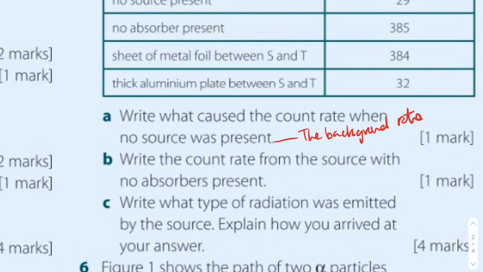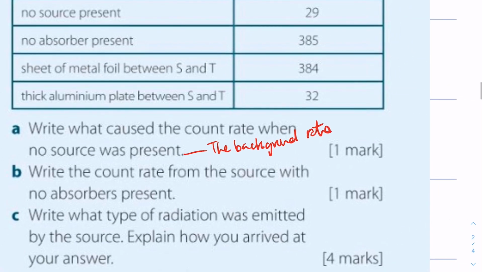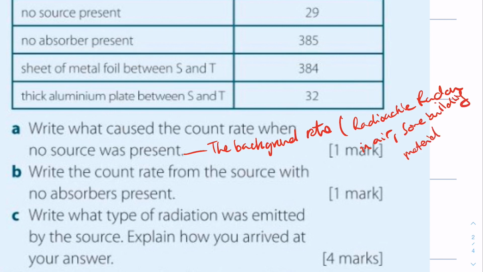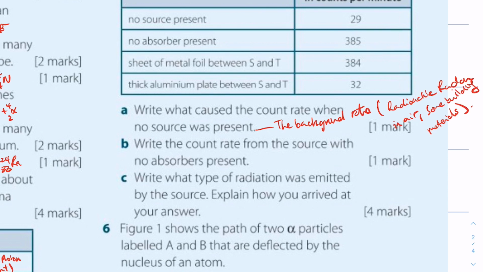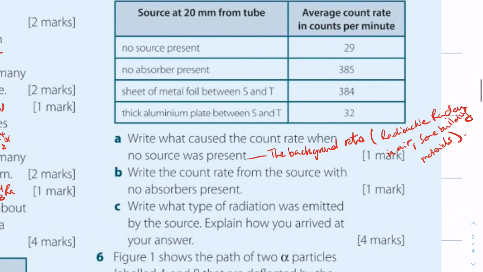And where does the radiation from the background come from? It's just a base rate in the air. It comes from radioactive radon in air, some building materials as well. And so most of the background rate is actually from small amounts of radioactive radon in the air. So write the count rate from the source with no absorbers present.